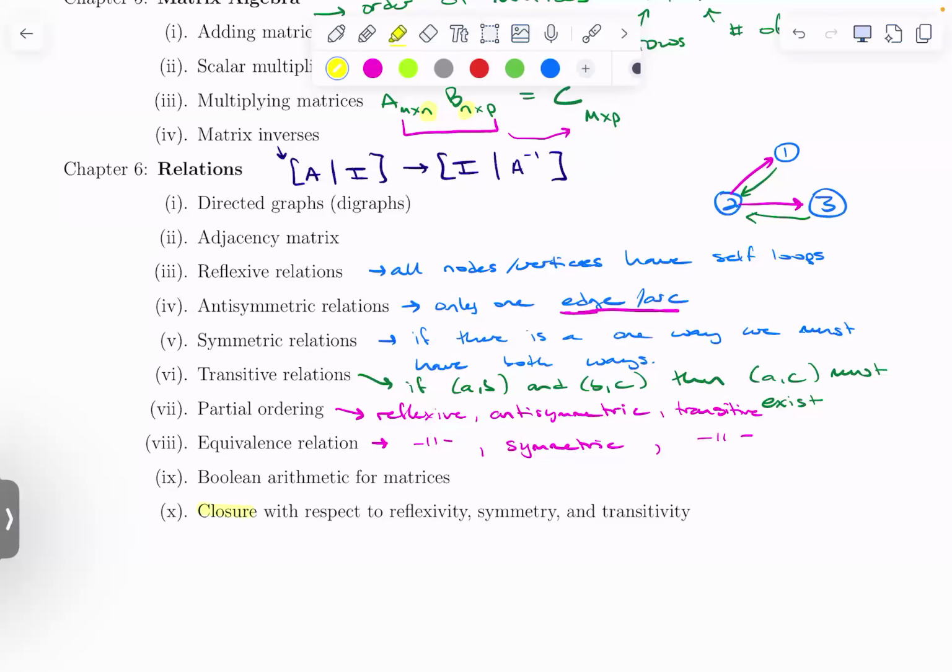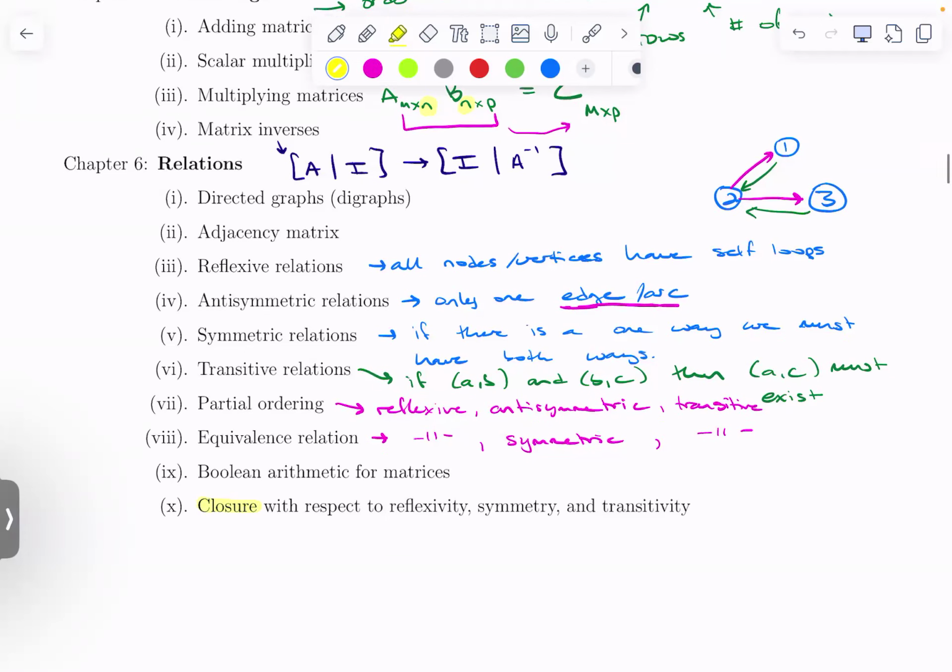I didn't introduce the term closure, and I don't know how I managed to do that. I think because they don't use it in the textbook, but then all the questions that I have talk about the closure.